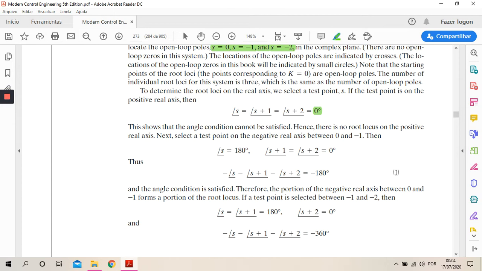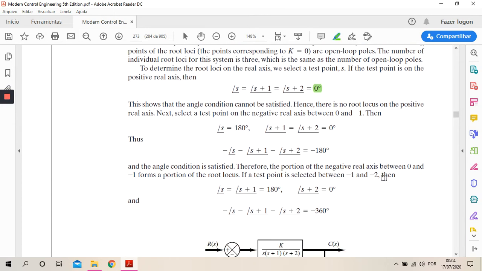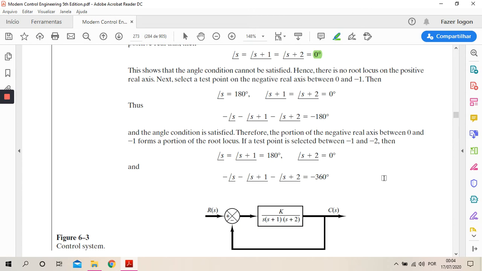And if we sum the angles, negative the angle of s minus the angle of s plus 1 minus the angle of s plus 2 is equal to negative 180 degrees. And the angle condition is then satisfied. Okay? Very good. We found a place where the angle condition is satisfied.